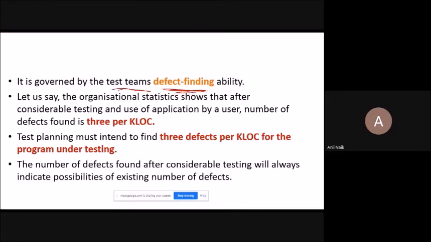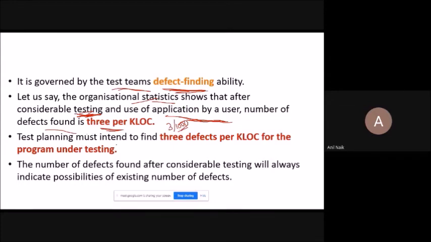Let us say the organizational statistics show that after considerable testing and use of the application by the user, the number of defects found is 3 per 1000 lines of code.